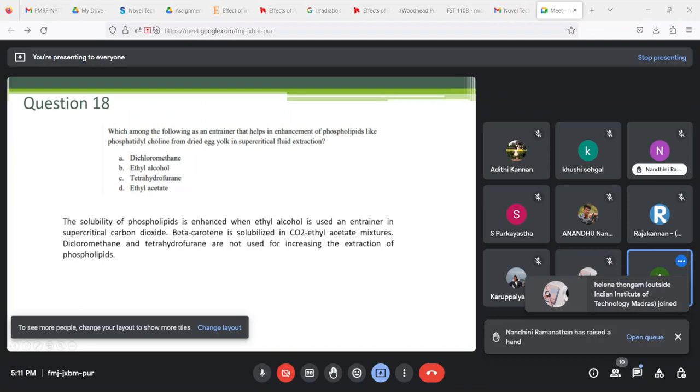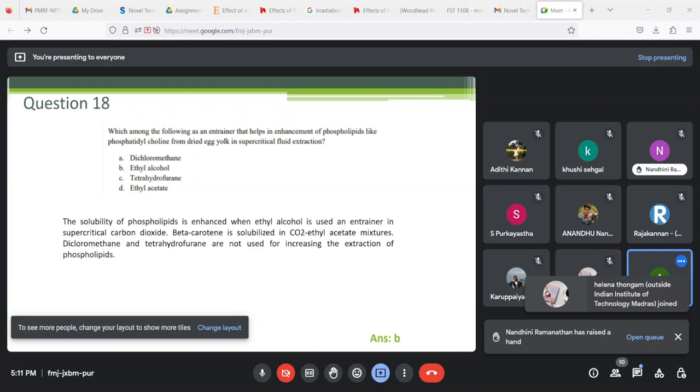And the other two, dichloromethane and tetrahydrofuran, are not used in the extraction of phospholipids because these are not as polar as ethyl alcohol. So the answer is option B.